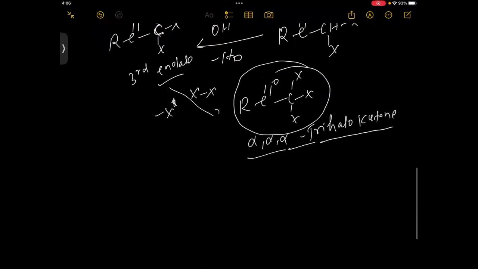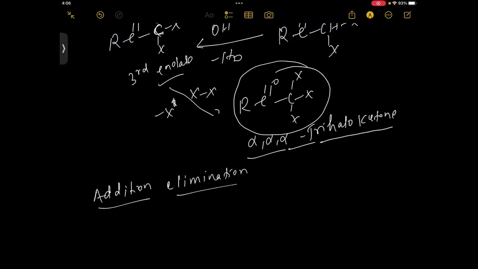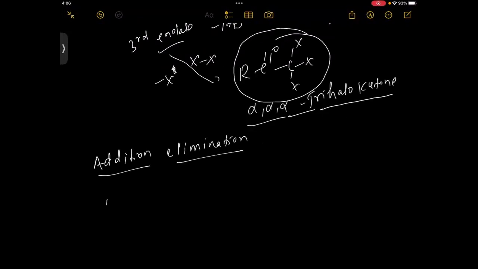See students, now addition and elimination will be favored. Suppose you have R-C=O-CX3, which we have already done.